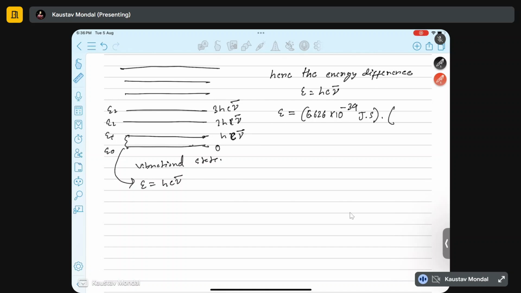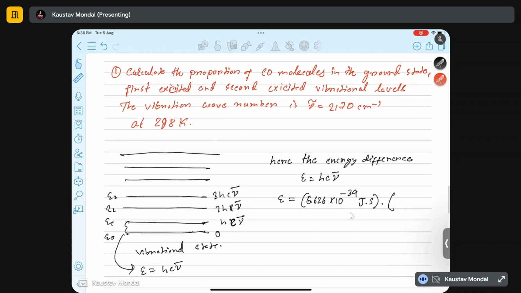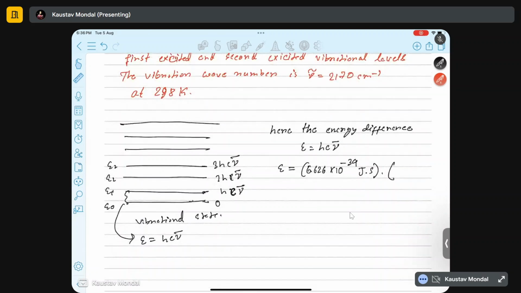We have to carefully put everything according to the units. If I put the speed of light in meters per second, then the wave number, which is mentioned in the problem in centimeter inverse, also has to be in meter units. So I will write the speed in meter units.